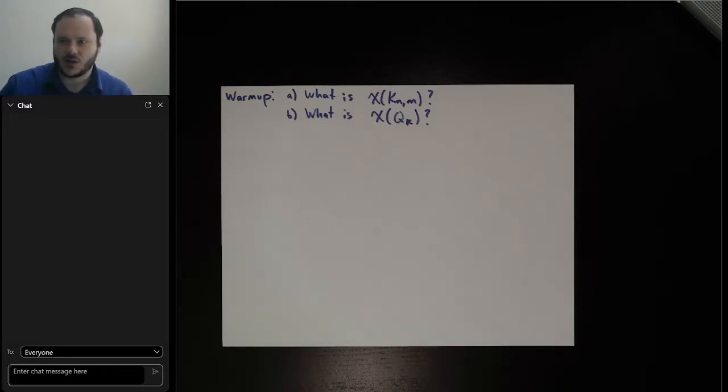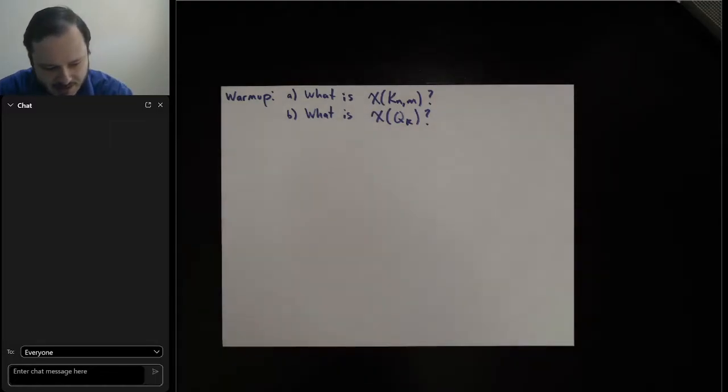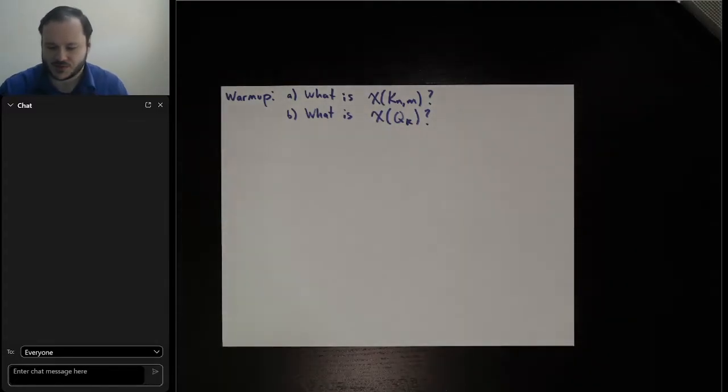Okay, so starting with a warm-up question. Last time we talked about chromatic number, so we talked about vertex colorings, proper vertex colorings. Each vertex gets its own color, and two vertices that are adjacent should not share a color. And then we can always do that, right?